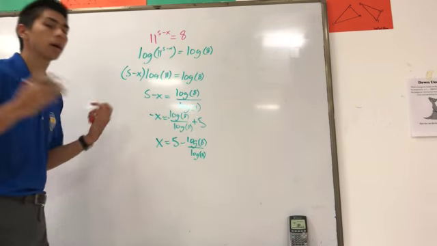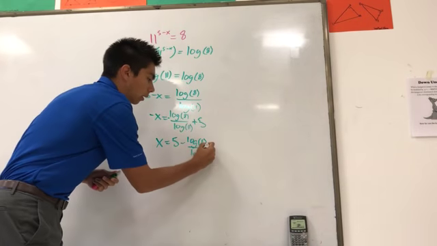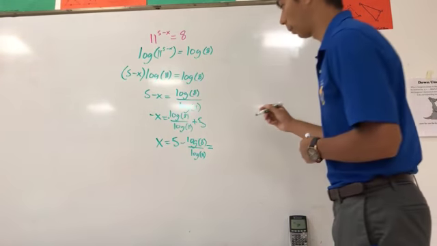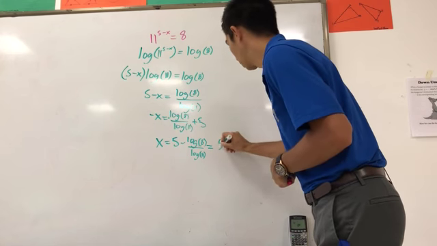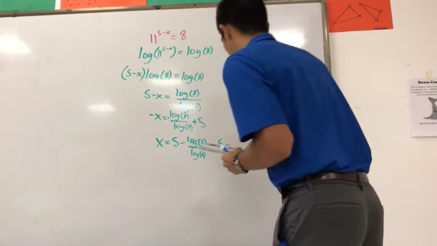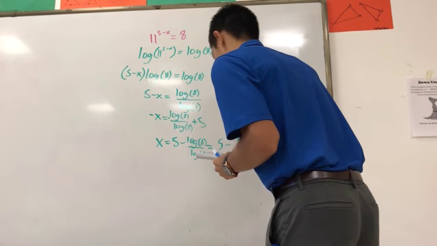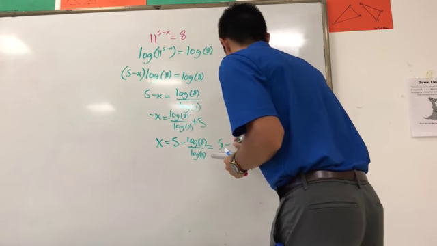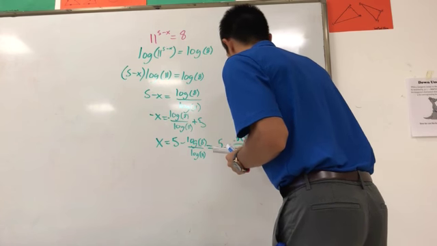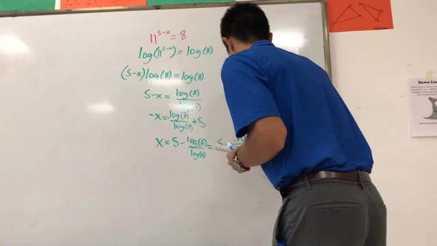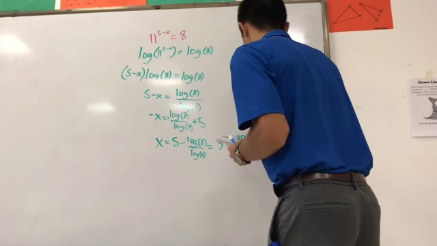Okay, once we get to here, now you can simplify. On the notes, I've written out the steps for all of this. This becomes 5 minus log of 8, which is 0.90309. Log 11 is 1.04139.